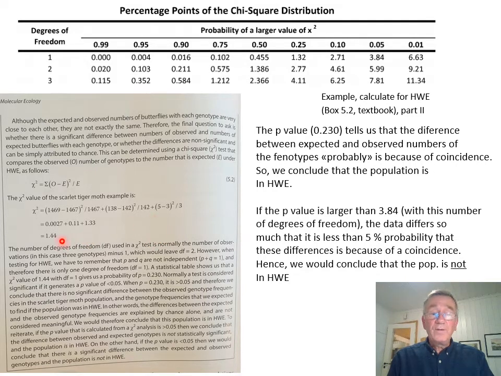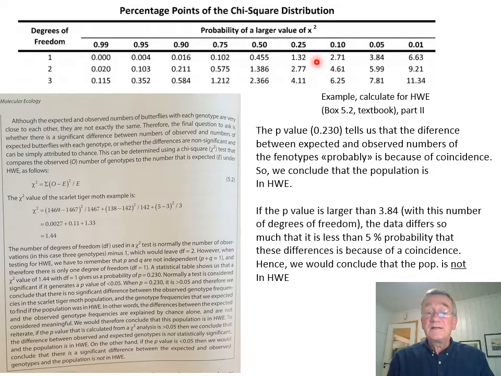Okay, so we have 1.44, and we see here that it's larger than 0.102. It's also larger than 0.455. It's larger than 1.32 because we have 1.44, but it's smaller than 2.75. So it means it's in between here somewhere.